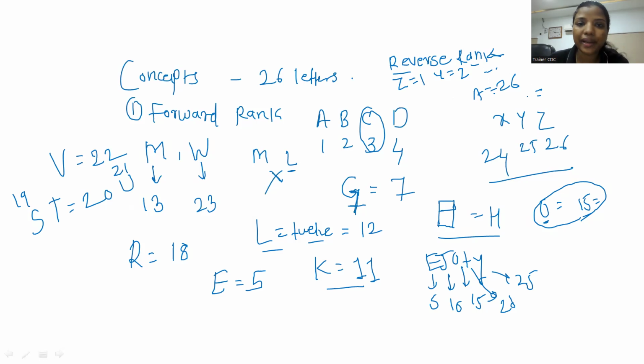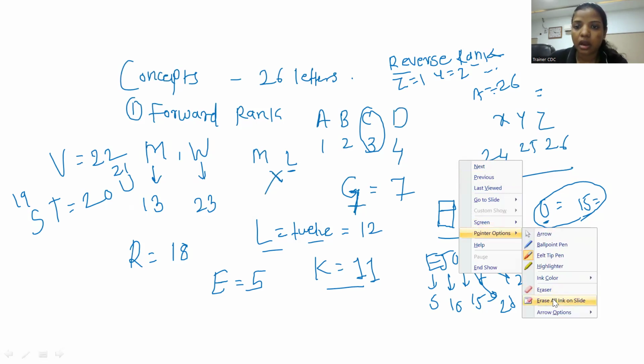Now we have total 26 letters, right? Let me clear this all. How many letters we have? We have total 26 letters. I'm going to add 1 to this. Total 27 value I got, right?